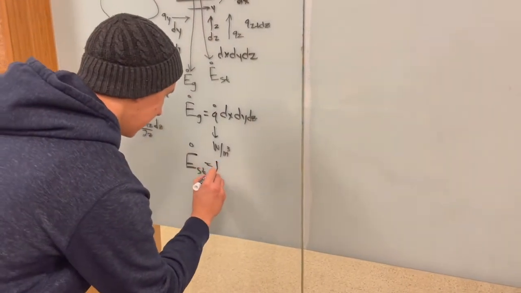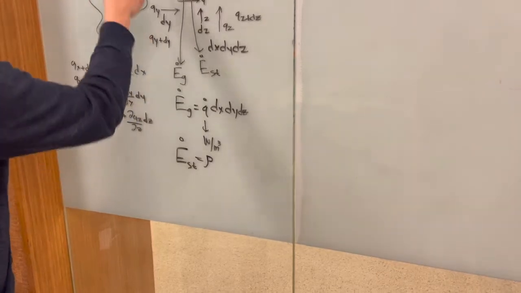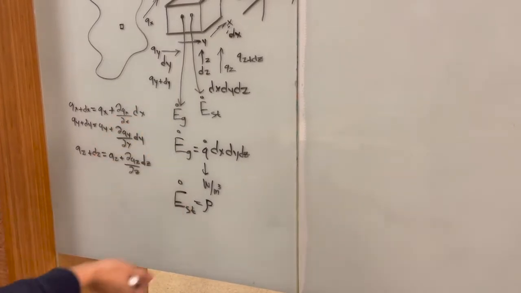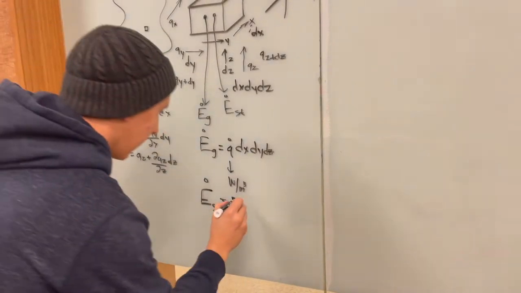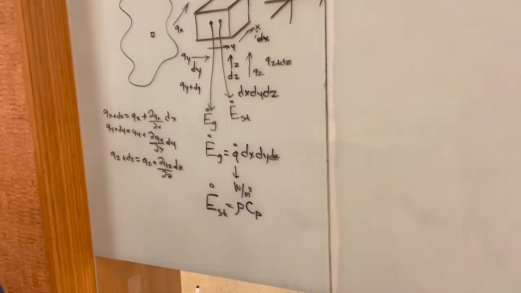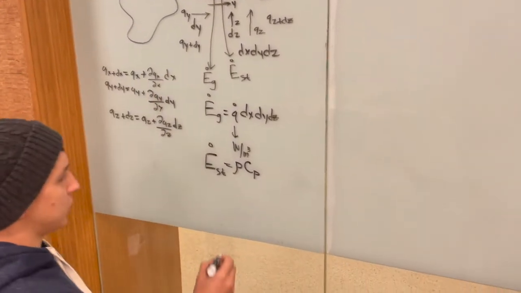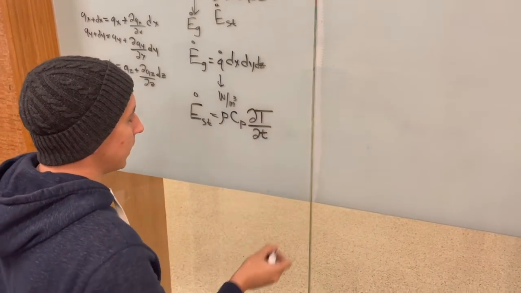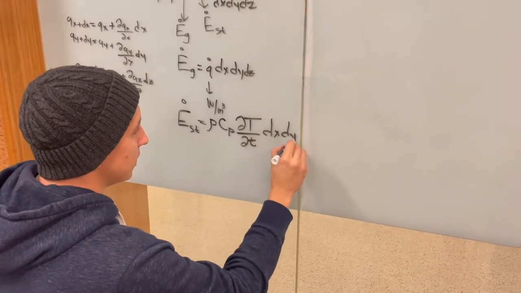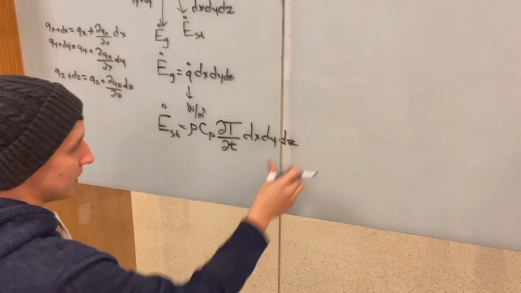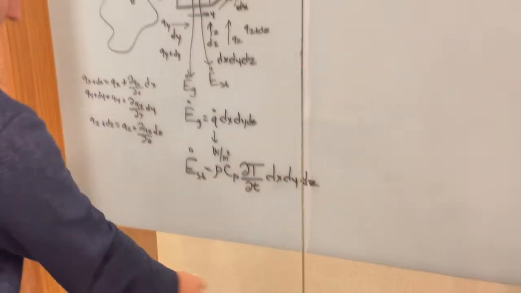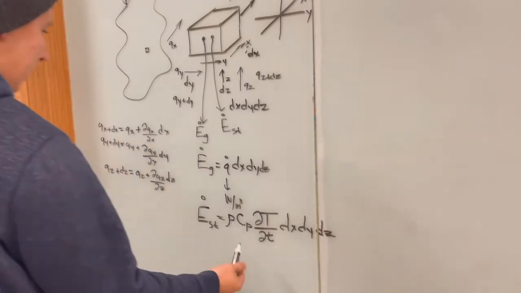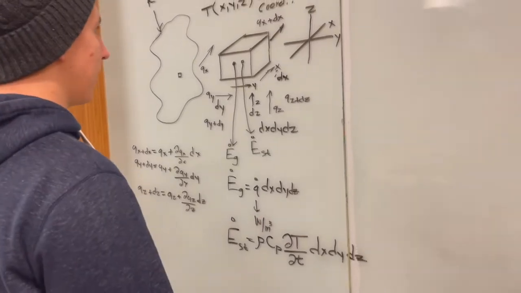Well, it's going to be the density of whatever substance our control volume is, lead, metal of some sort, you never know, times the specific heat capacity for that object, times the differential temperature with respect to time, times dx, dy, and dz, if you guys can see that there. So this is the time rate of change, according to the density, multiplied by specific heat capacity, and that's how we are going to define that.